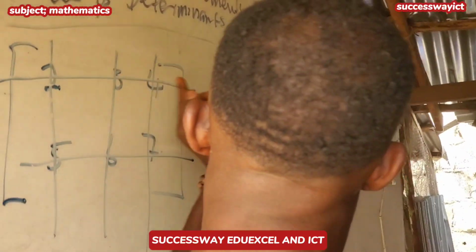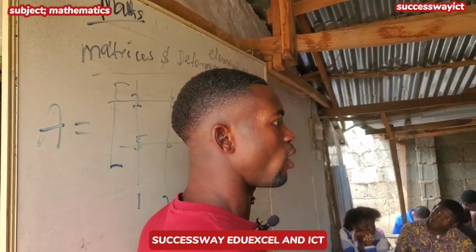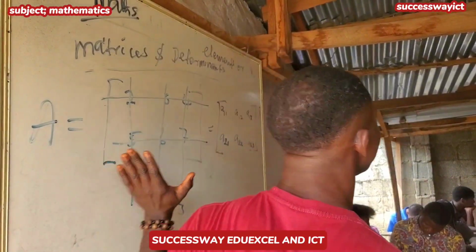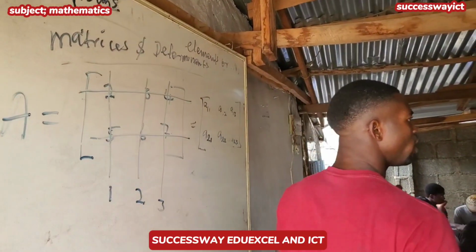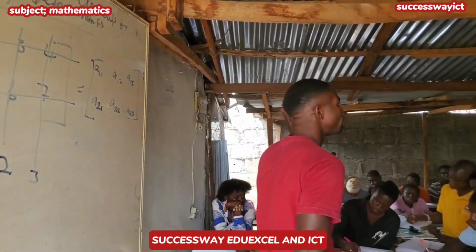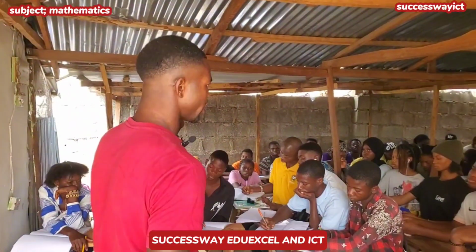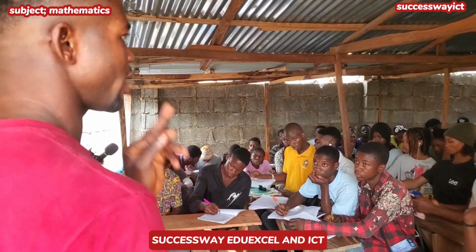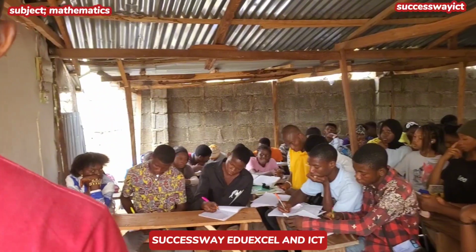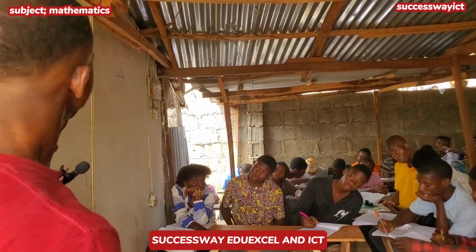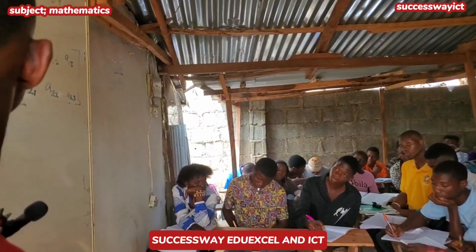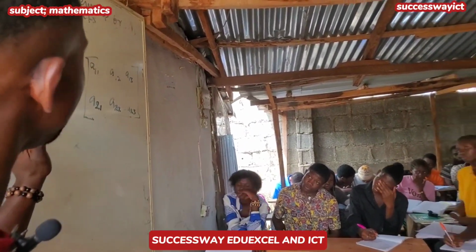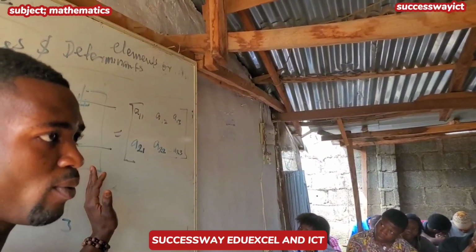We have the first row and the second row. The rows are arranged horizontally, while the columns are arranged vertically. Are we following each other now? Then we have the first row, second row, and how many columns? 1, 2, 3. Is that clear now?